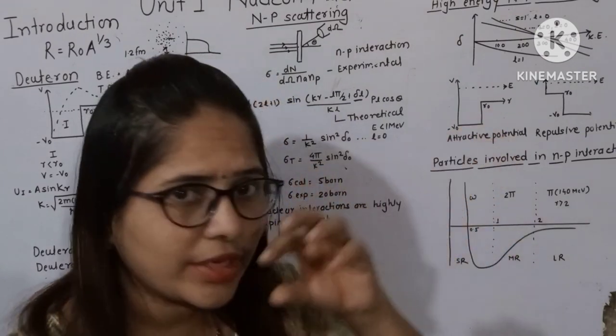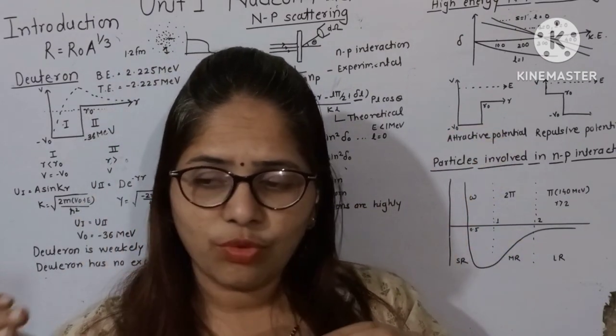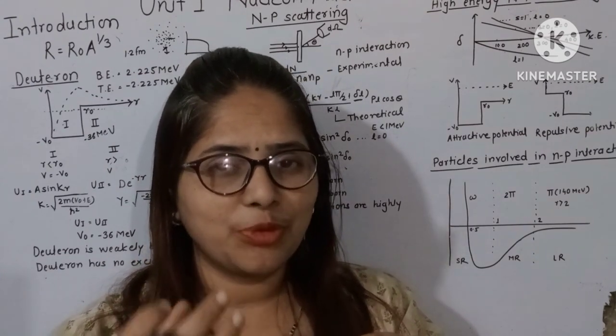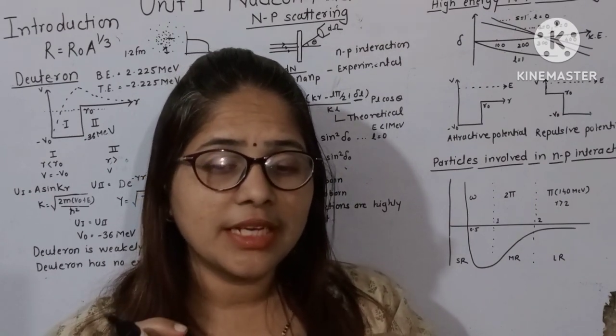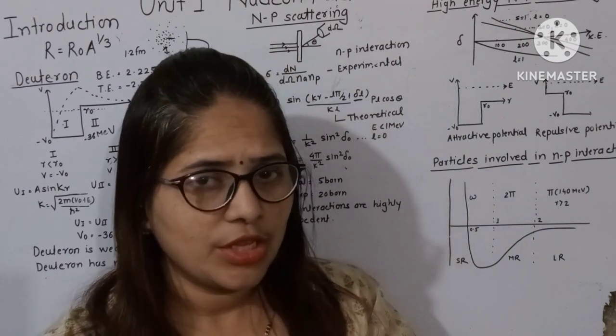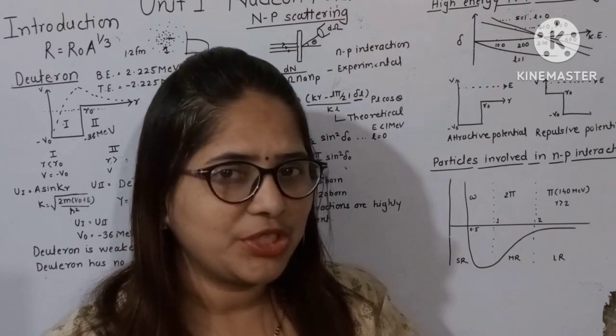So the potential experienced by this proton is a non-central potential. Non-central potential means it depends only on the distance and not on the direction, so the theta and phi terms are not coming into the picture.